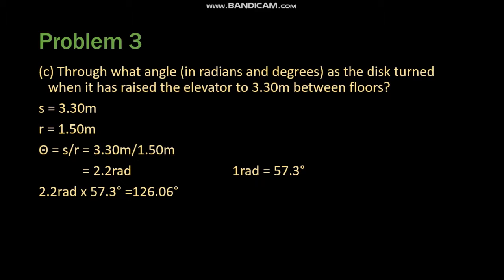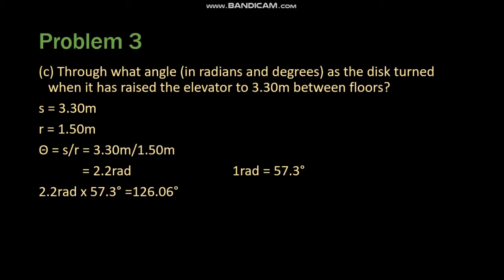So S is equal to 3.30 meters. And as stated also in our previous slide, the radius is equal to 1.50 meters from the 3.00 meter diameter. We divided that by 2 and we get the 1.50 meter radius.